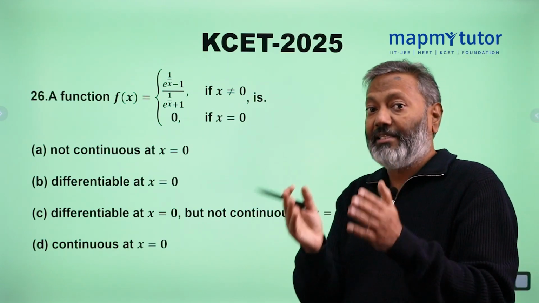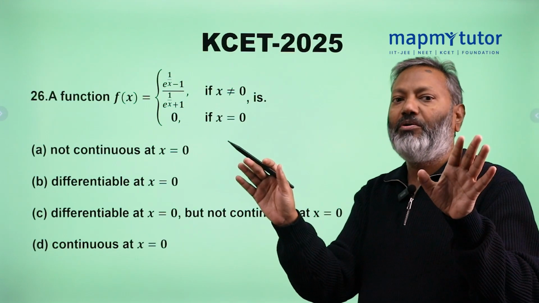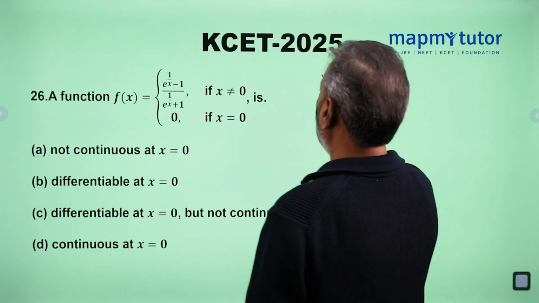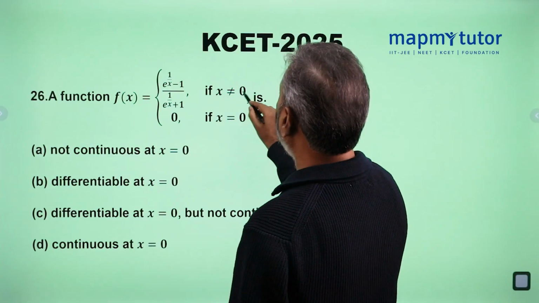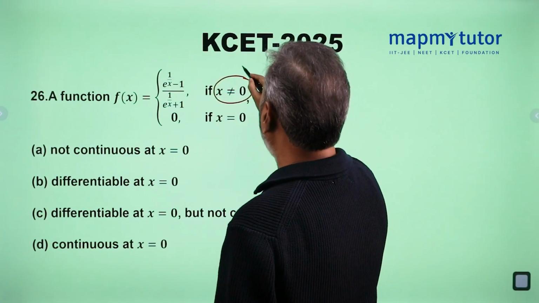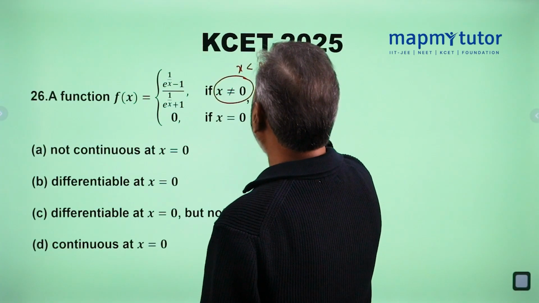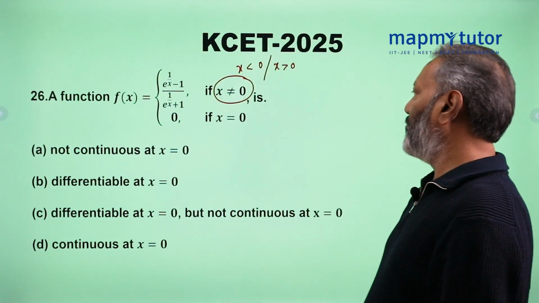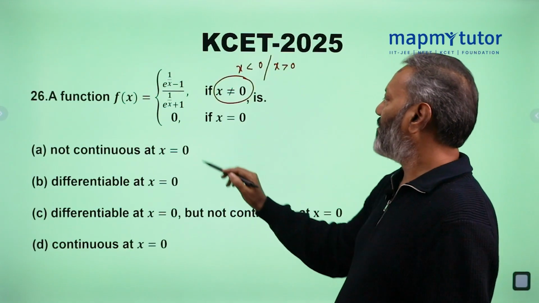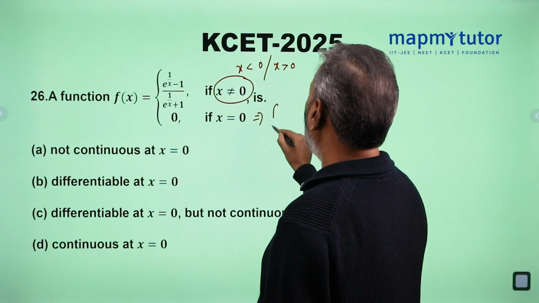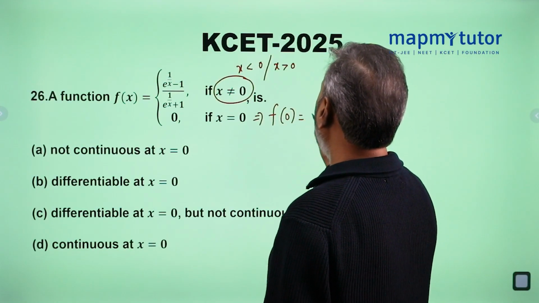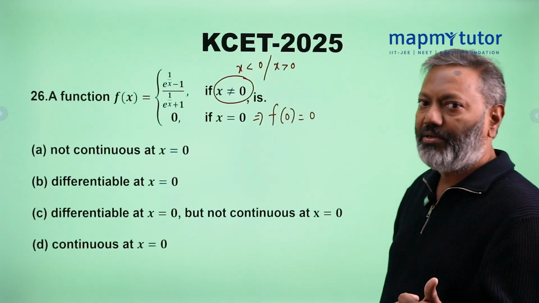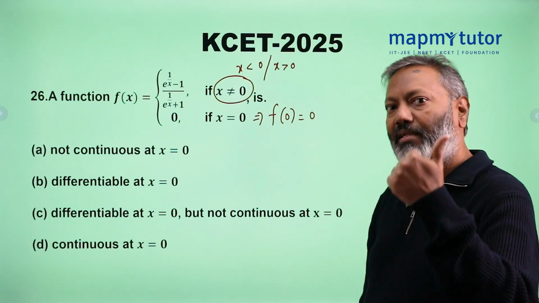For example, if it is discontinuous, then no need to check differentiability, as I said. f of x equal to some function is given for x not equal to 0, that means either for x less than 0 or for x greater than 0, you can use that. And this is the function value. Of course, the function value at 0 is 0. f of 0 must be 0. And to check the continuity, I have to check LHL, RHL.